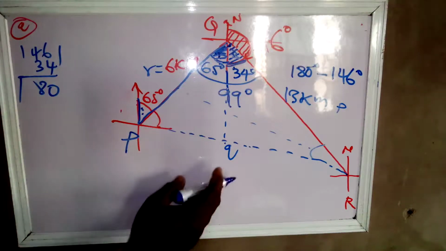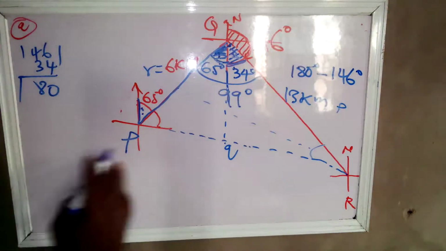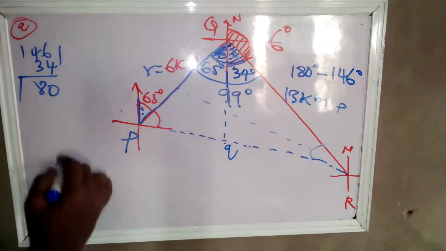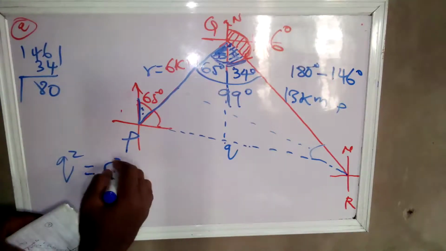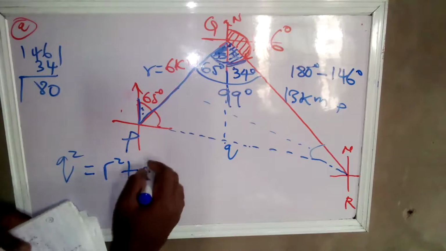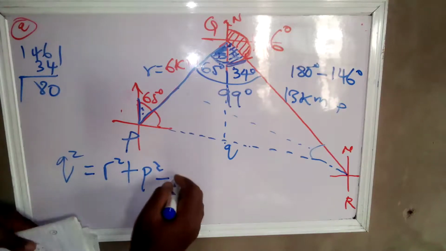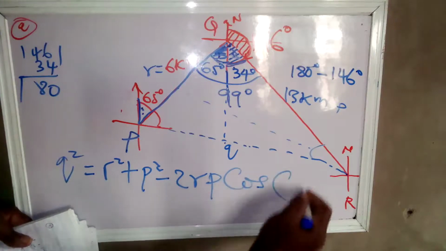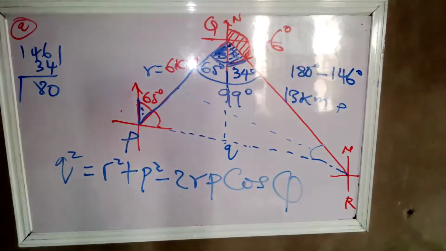Then using the cosine rule, we are looking for PR, and PR is q. So q squared equals r squared plus p squared minus 2rp cos Q. This is the formula we are going to make use of.